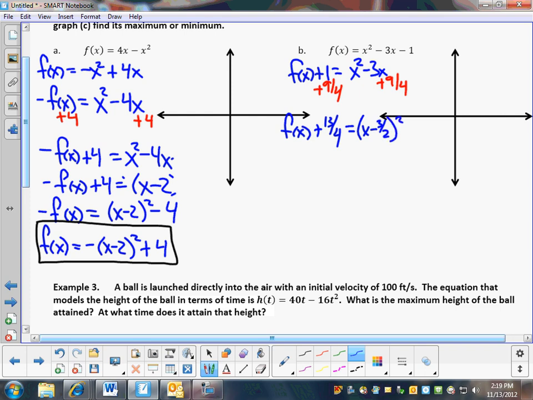Squared. Now what do I do to both sides? What's the vertex?